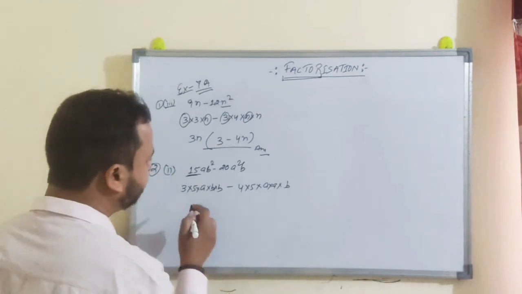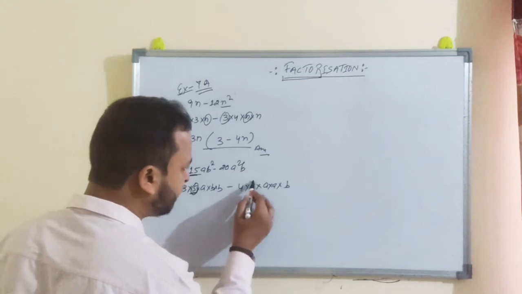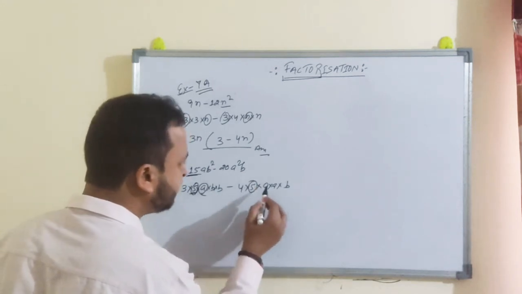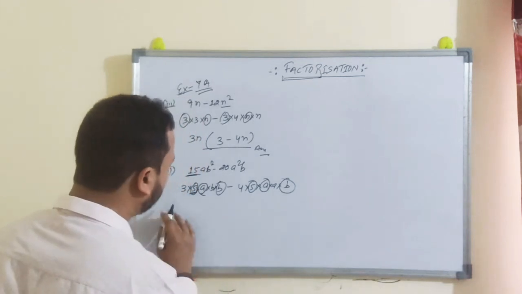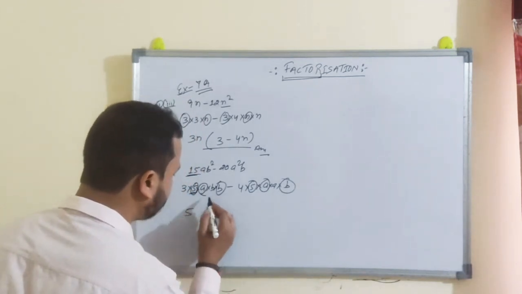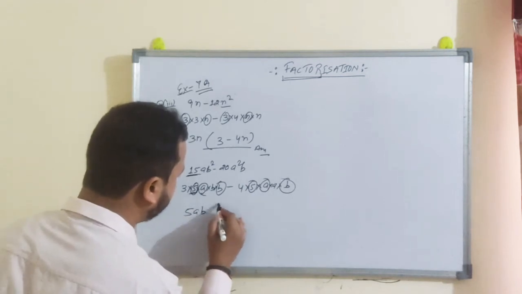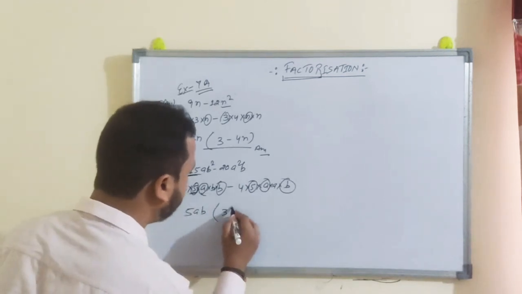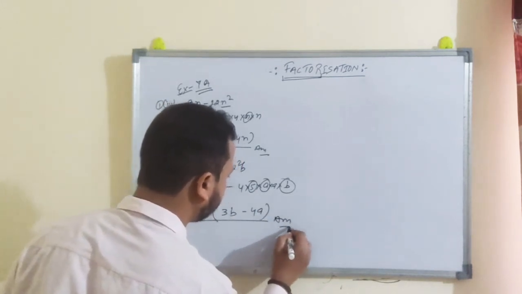Now I am going to take the common. Here 5 is common, a is common, and b is common. So just write the commons: 5ab, and you are left with 3b minus 4a. This is your answer.